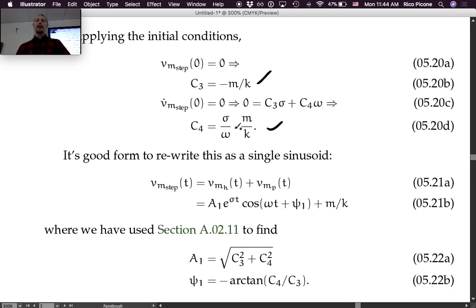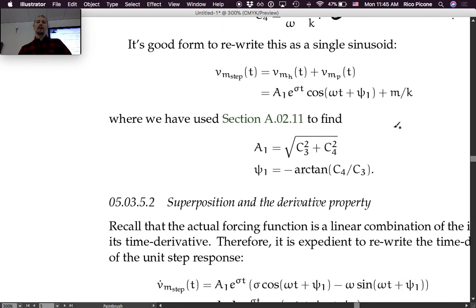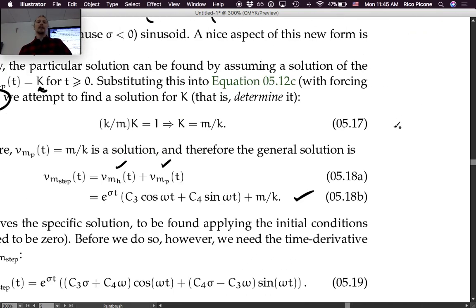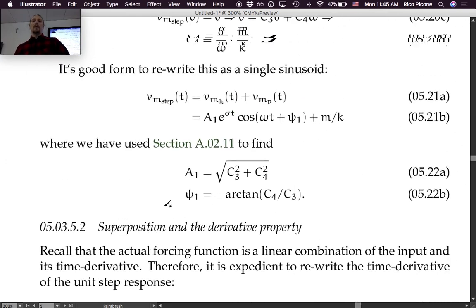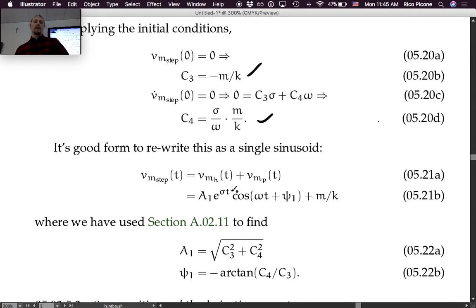The current solution is in two sinusoids, cosine and sine, with no phase, so you can combine them into a single sinusoid. You could have chosen cosine or sine. The formulas we're using are found in section A211, the appendix of these notes.